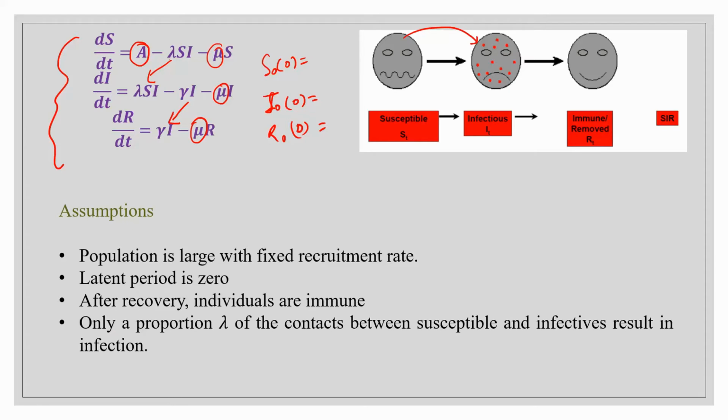After recovery individuals become immune, and only a proportion lambda of the contacts between susceptible and infectives results in infection. That means that not all the people who come in contact with an infected person get infected, only the proportion lambda. With these assumptions we have this coupled differential equation.